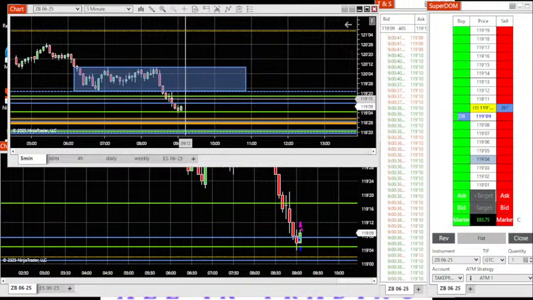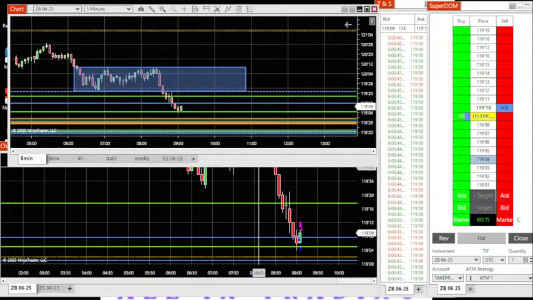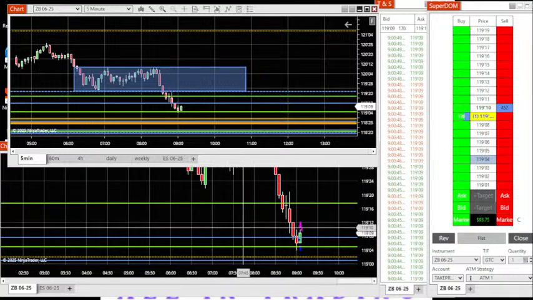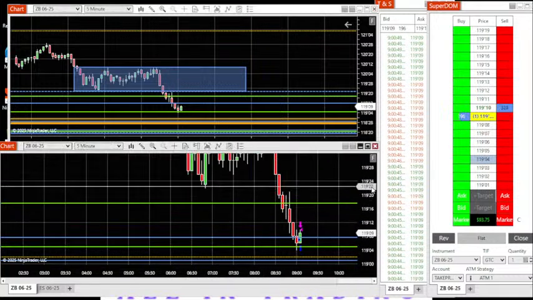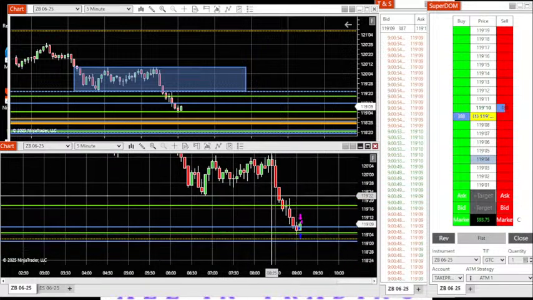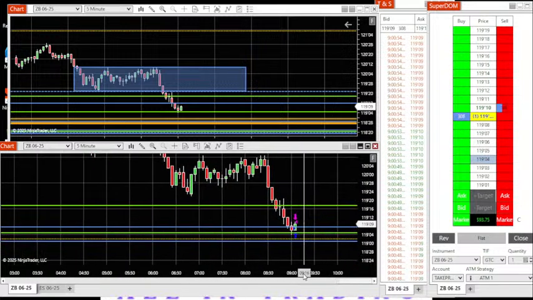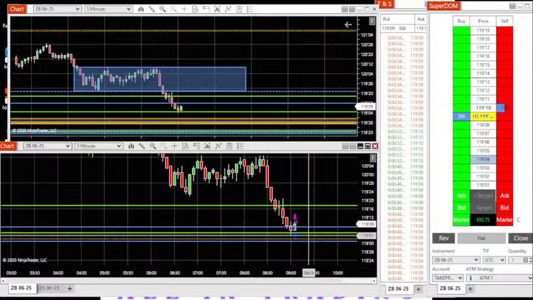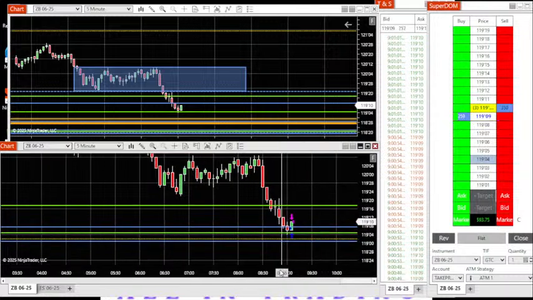Ultimately, I've got price coming up, maybe to 17 before it rejects back down. But we coming back down today. Yeah, we're up 90 so far.